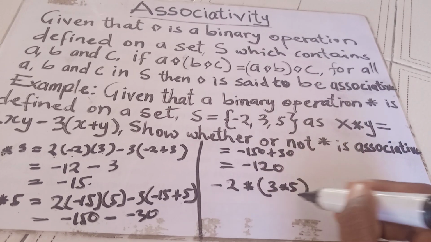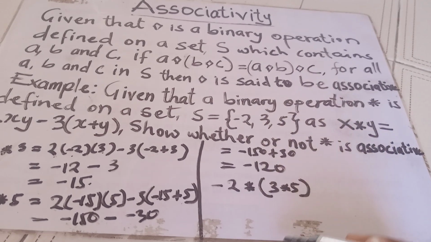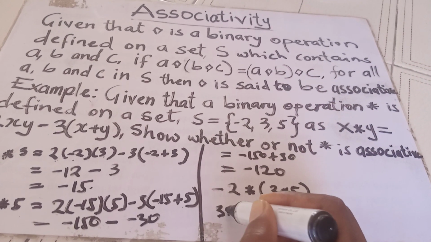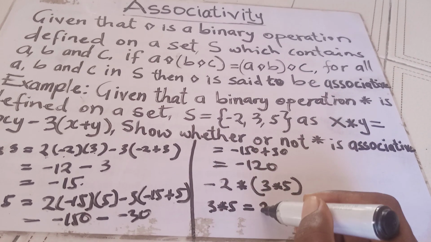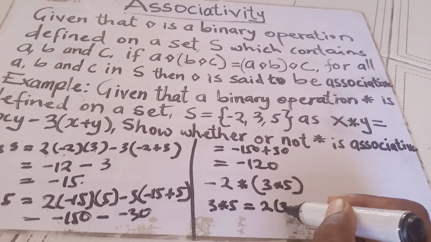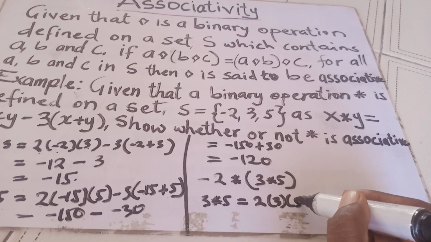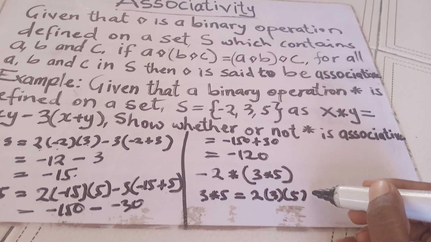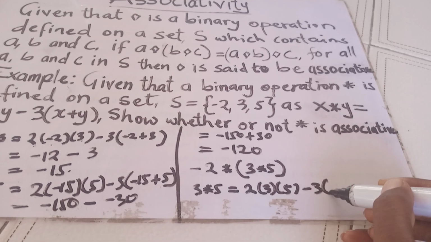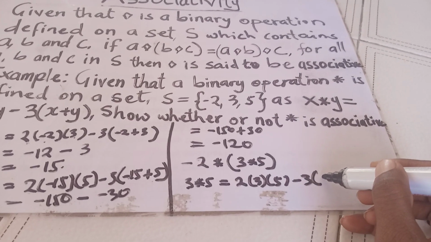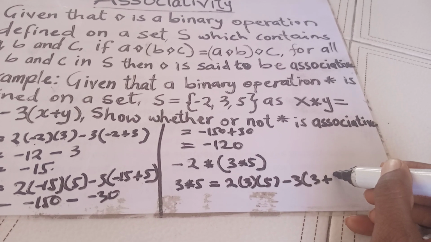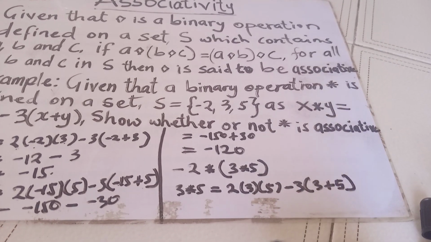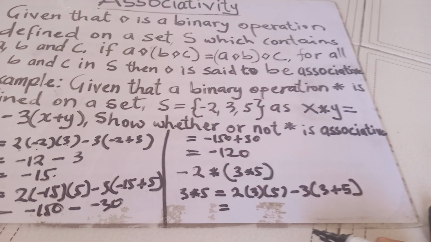So we operate on 3 and 5 first. 3 operated on 5 is equal to 2 times x times y, where in place of x we put 3, in place of y we put 5, minus 3 into bracket 3 plus 5. Let us simplify this.